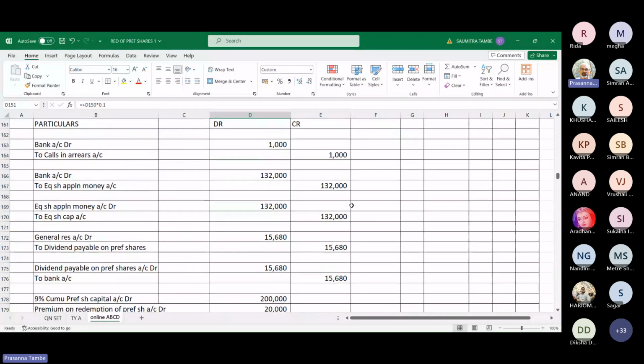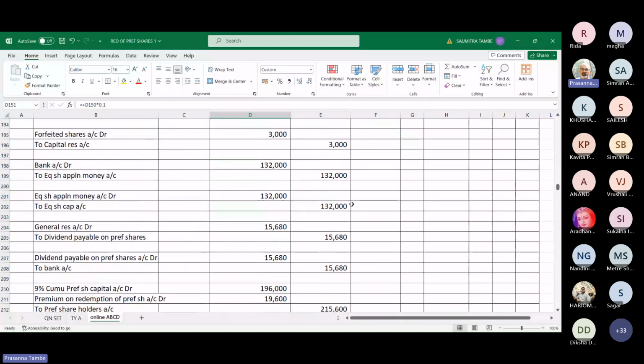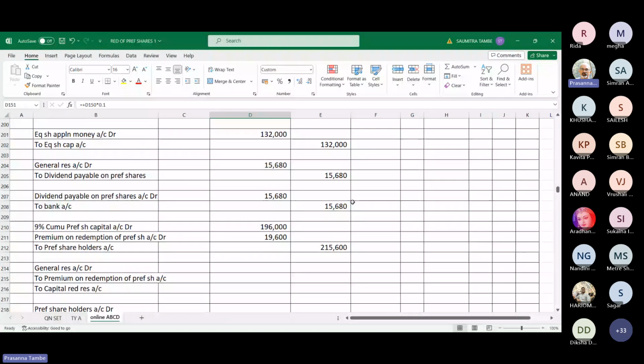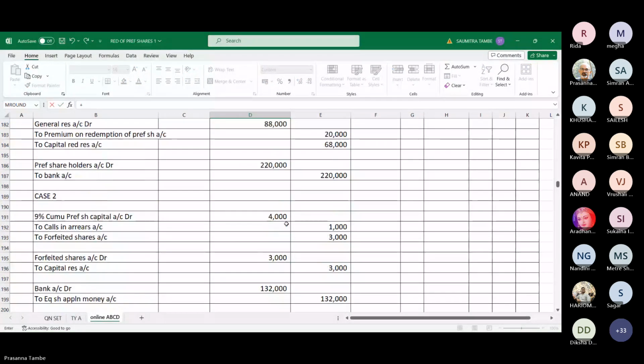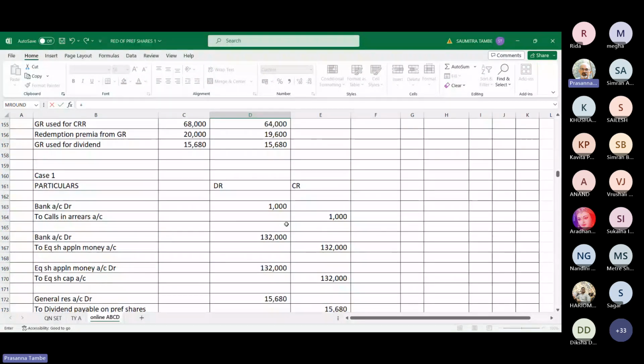Then general reserve and premium, whatever we have done, that will also slightly change. We are going to create CRR of 64,000 in this case. This is the working for CRR. Then premium will remain the same, 19,600.